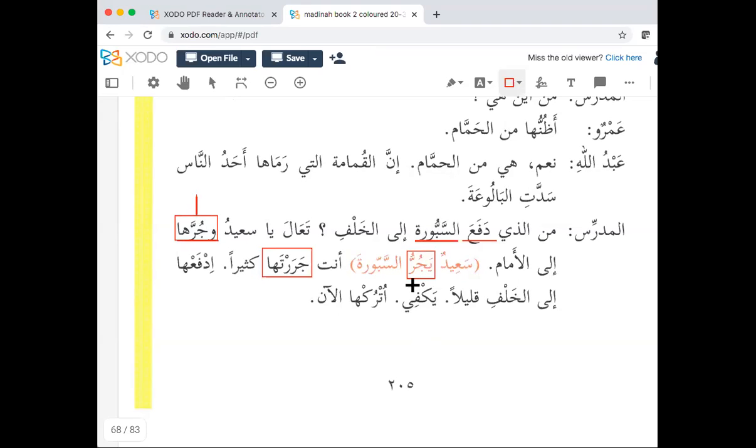And the other one, yajurru. Well, this is easy because we've covered it already. Jarra yajurru. This is the fi'l mudari'. And then this one over here is jarartaha, where the letters have become separate from each other.